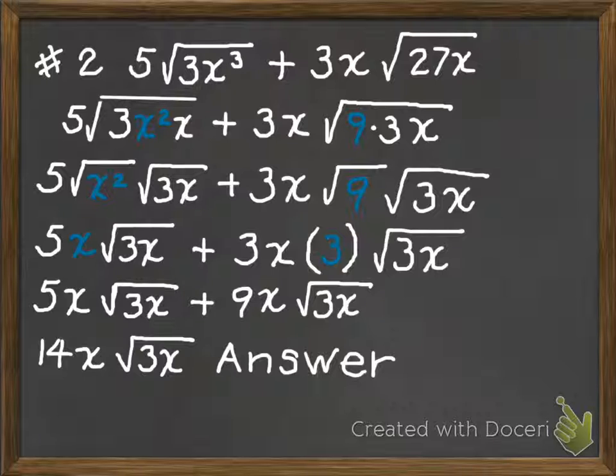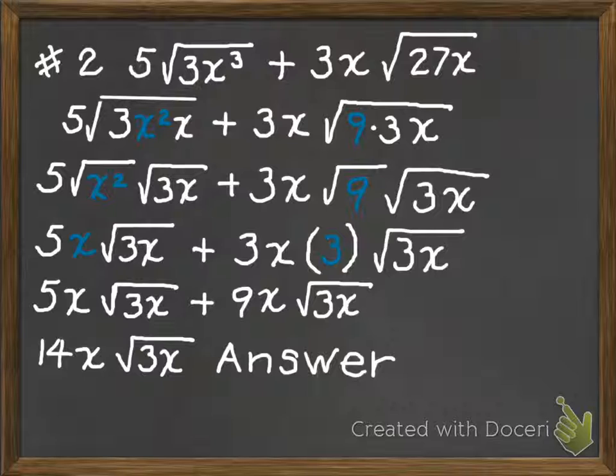So now you also see on the same line that the square root of 3x is in both terms now. So we're forming our like radicals with the same radicand and the same root, so that we can then add our two terms.